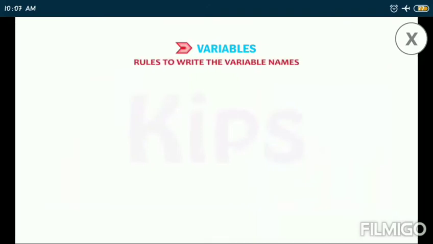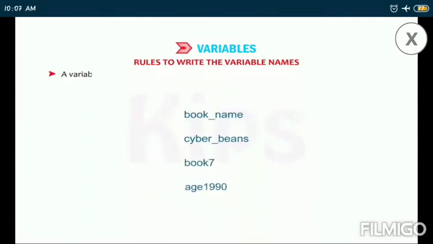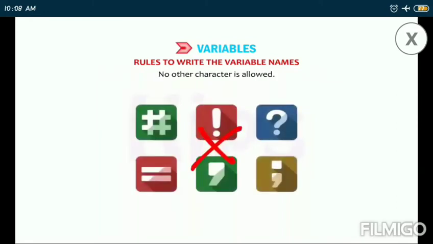Rules to write the variable names. When you are specifying any variable name, you need to follow certain rules. A variable name must start with an alphabet, capital or small, or an underscore. A variable name can consist of alphabets, digits, and underscore. No other character is allowed.